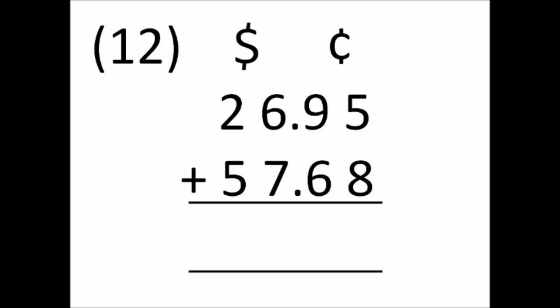9 and 6 you have to regroup, and then add what you took over, and then 7 and 6 you have to regroup, and then finally you add the 5 and the 2 and whatever you had to take over. So do it quickly. I'm giving you enough time to work it because this has a lot of working in it.